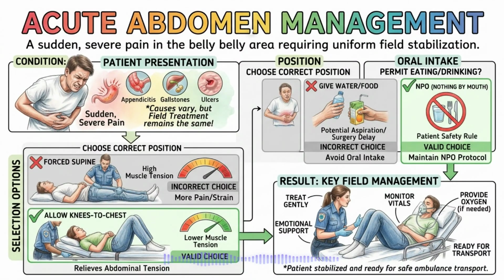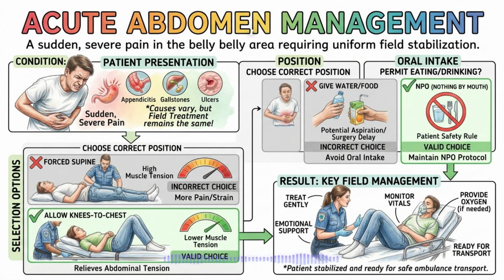Gastrointestinal emergencies often present as an acute abdomen, which is a sudden, severe pain in the belly area. Causes can range from appendicitis and gallstones to a bleeding stomach ulcer. But your field treatment remains generally the same regardless of the exact cause.